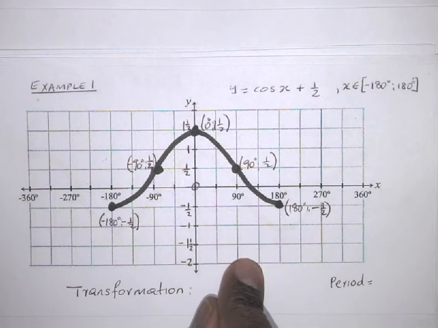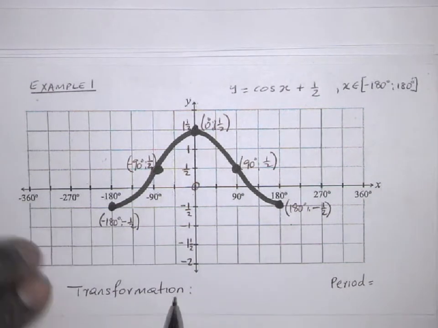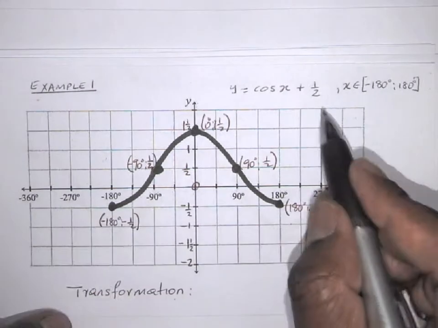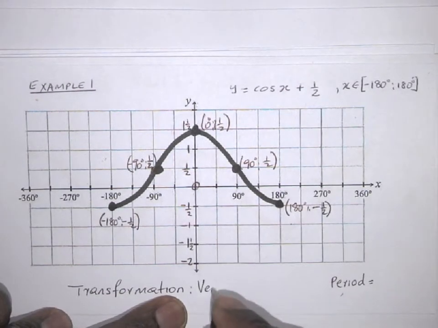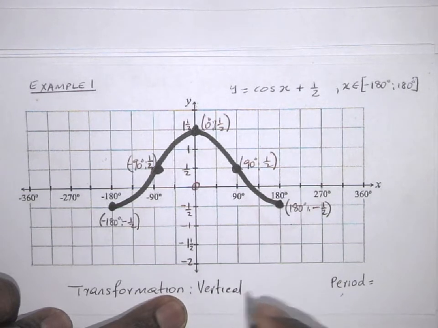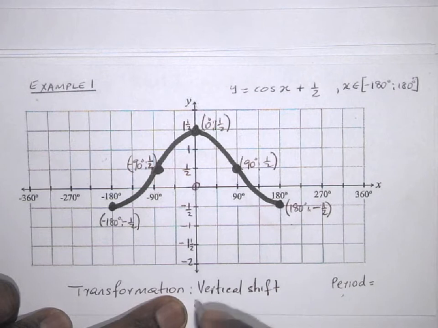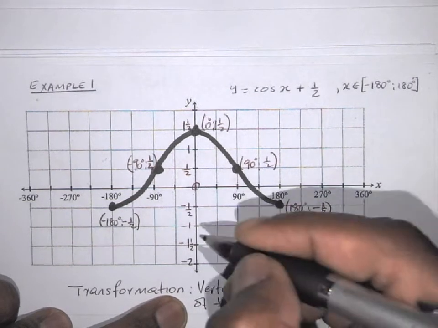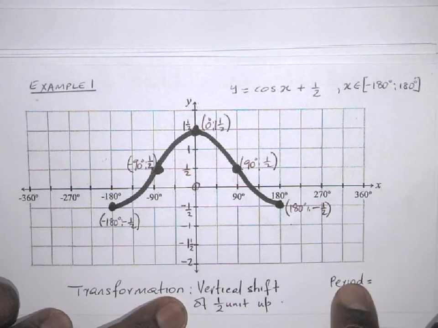Now, what kind of transformation is this? The question is the transformation. The graph has been moved half a unit up. So the transformation, we call it a vertical shift of half a unit going up. What about the period?